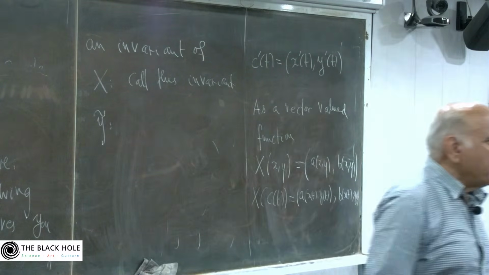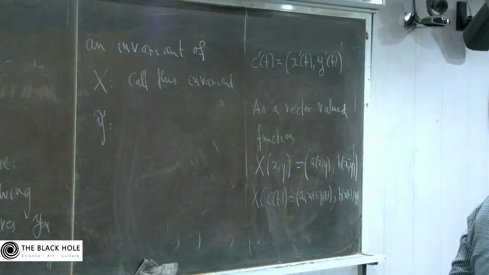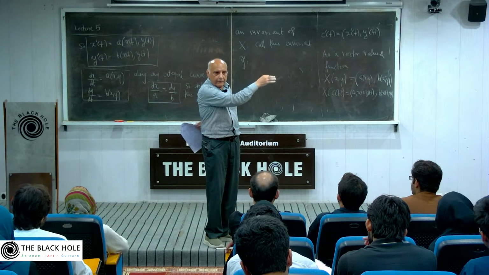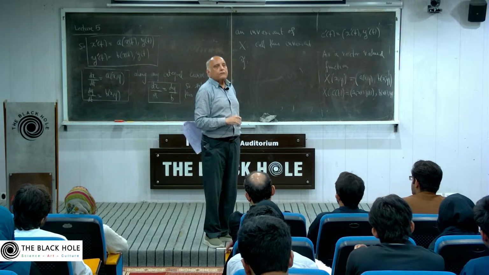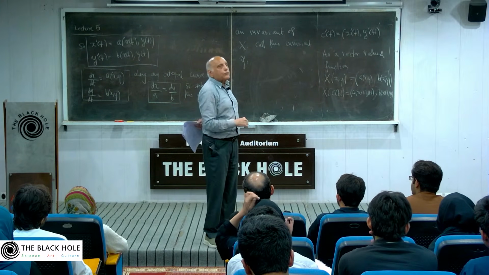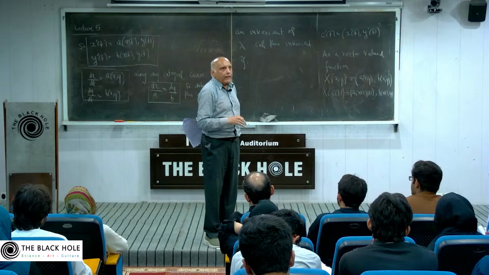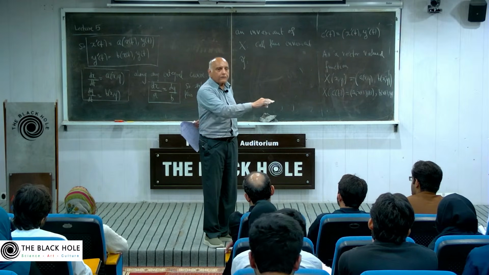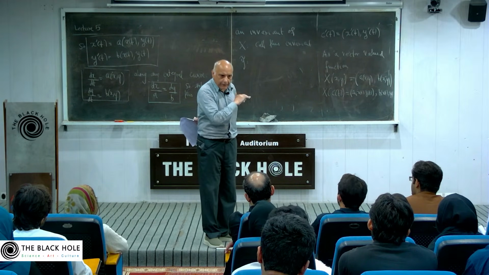What functions do we have to play with? We have the original coordinate functions x and y, and y tilde. By the way, functions whose Jacobian is not 0 are called functionally independent.